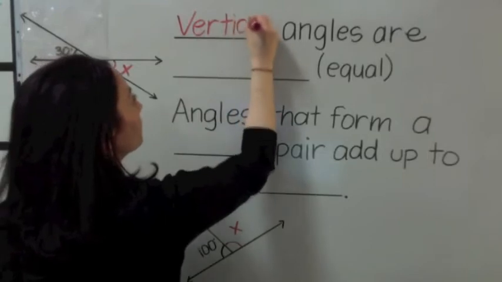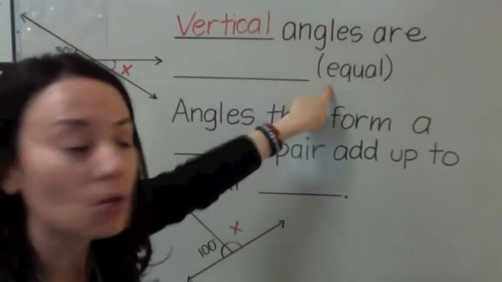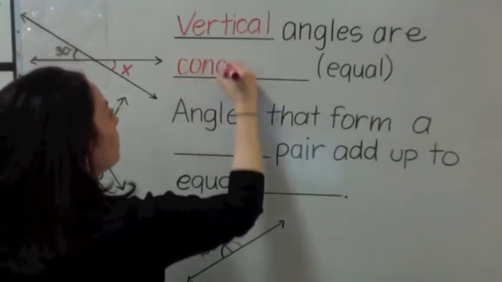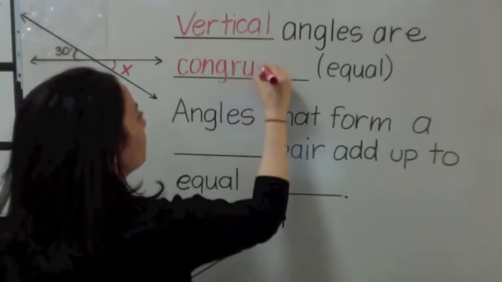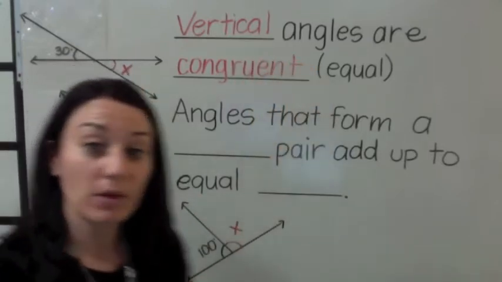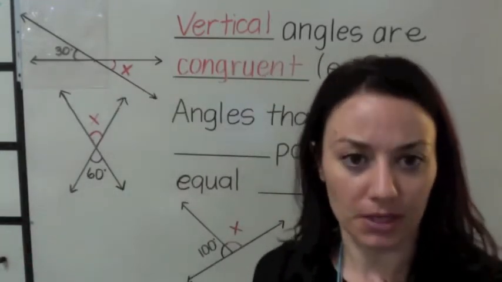Vertical angles are, what's another word for equal? It's congruent. Yes, congruent. Okay? And congruent means that we measured them to figure out that they are the same measurement, okay?